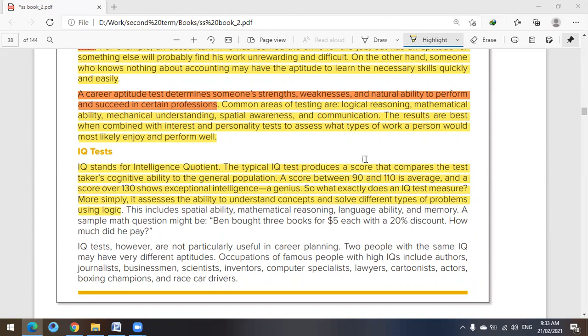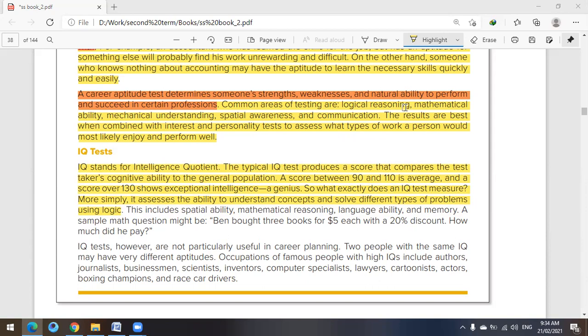IQ test produces a score that compares the test takers' cognitive ability to the general population.